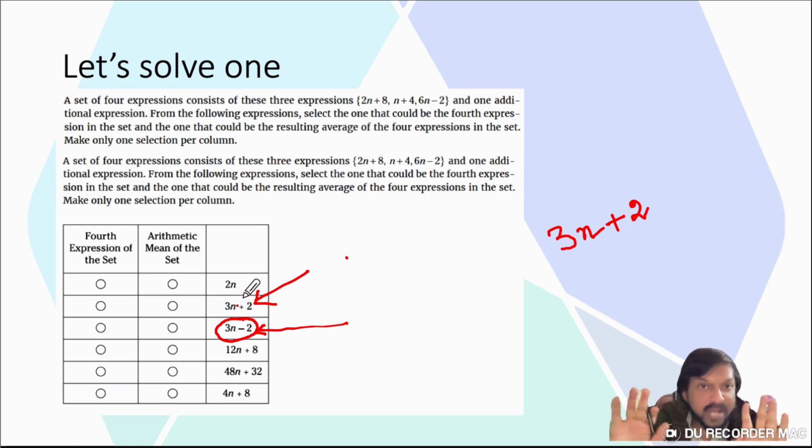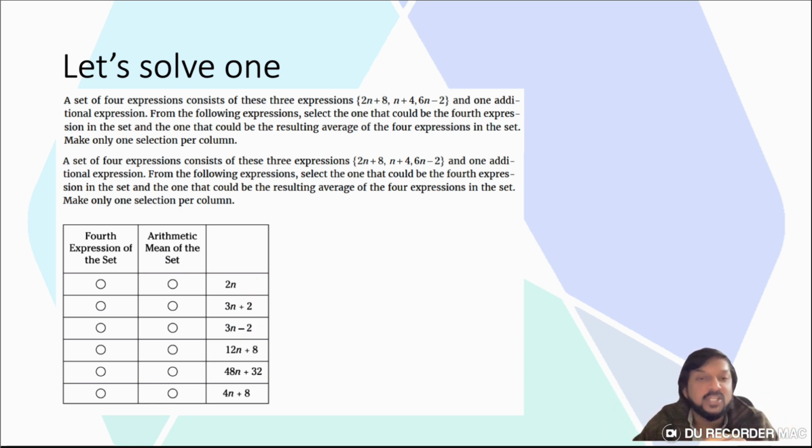And therefore now be very careful. Don't be in a hurry. Don't be in a rush. I know that if this is my fourth expression, then this is going to be my arithmetic mean. And that is how you mark the answer.